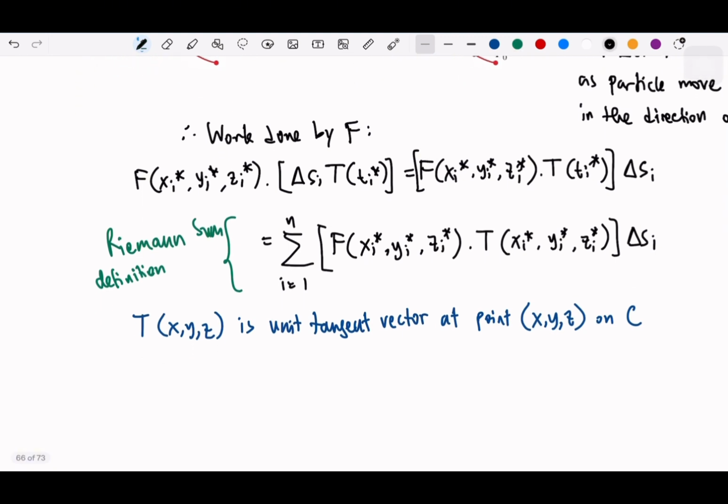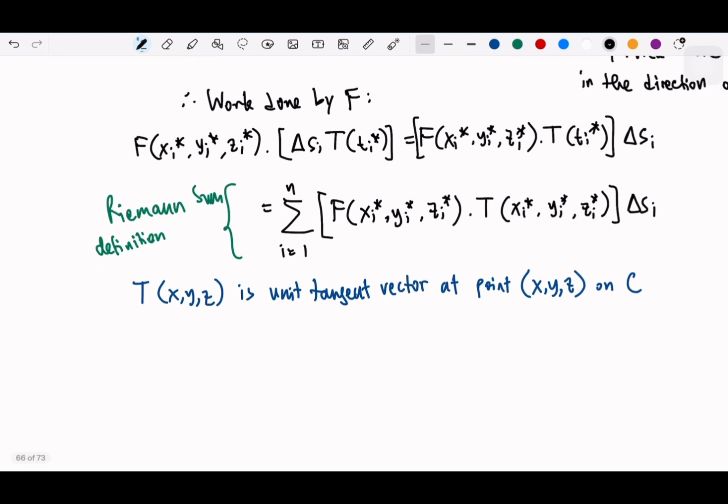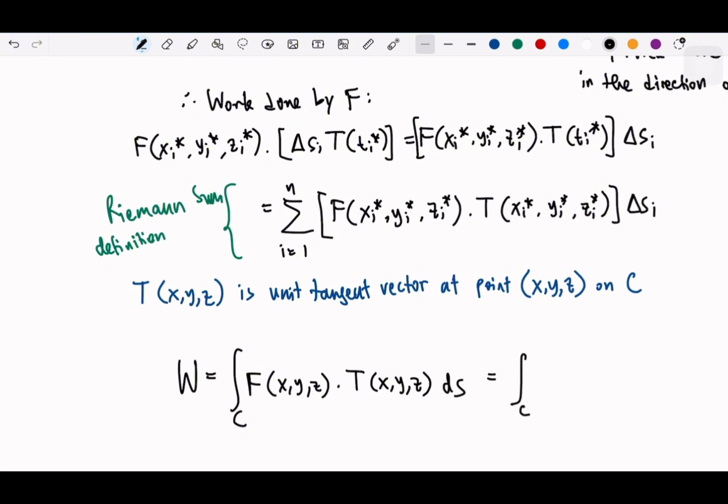So based on the Riemann definition, we can write that the work is equal to the line integral on the curve C of F at the point x, y, z, and then ds. Or simply you can write F dot T ds.